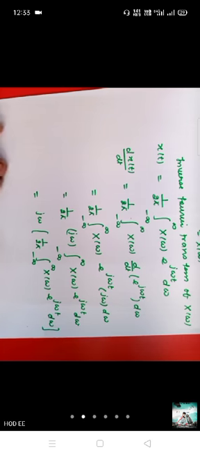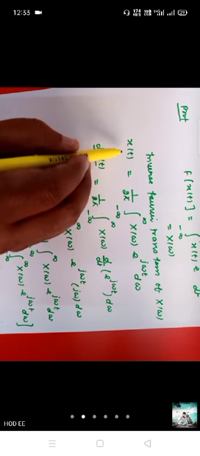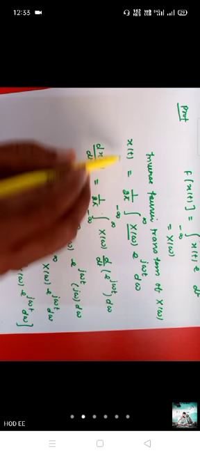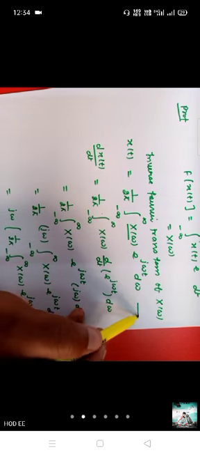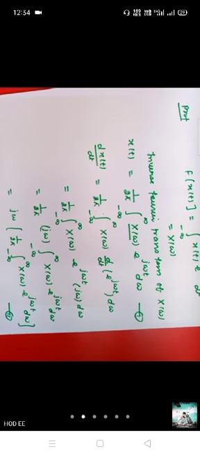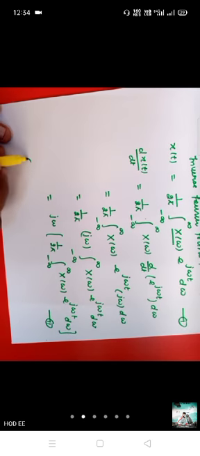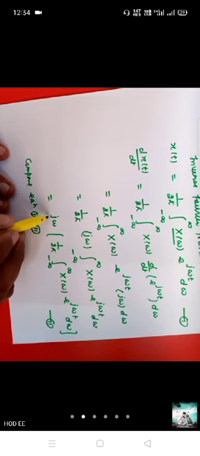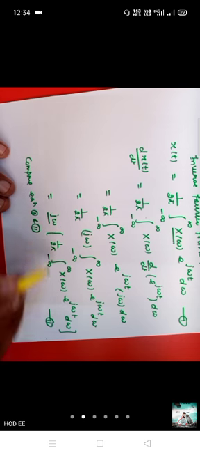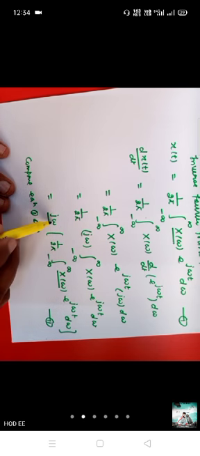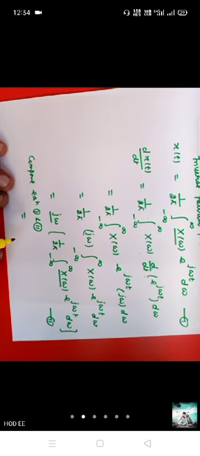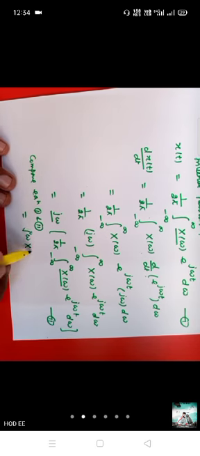Now see here, x(t) is equal to 1 upon 2 pi times the integral of X(omega) e raised to the power j omega t d omega, where X(omega) is the Fourier transform of x(t). This is equation first, and this is equation second. If we compare equations first and second, except for j omega and X(j omega), all the terms are the same, so it will be equal to j omega X(j omega).